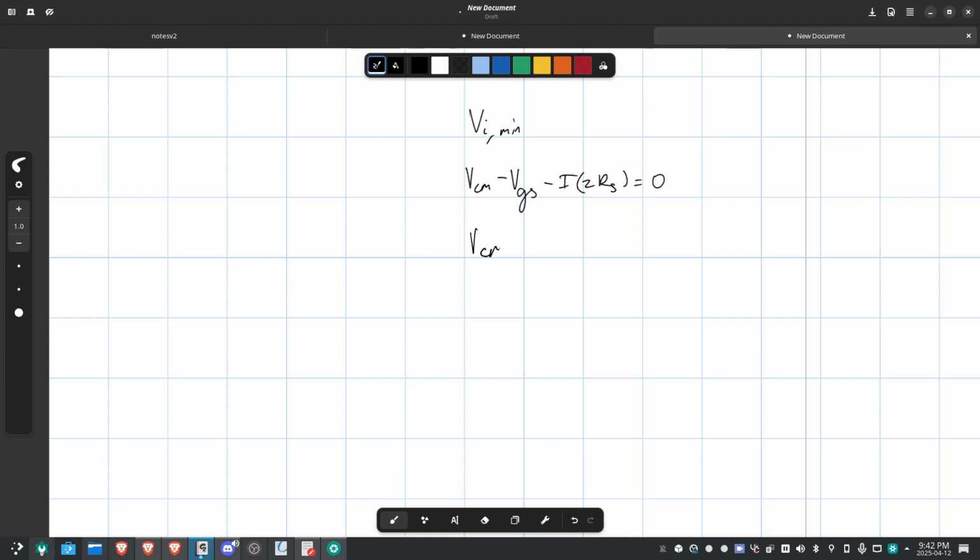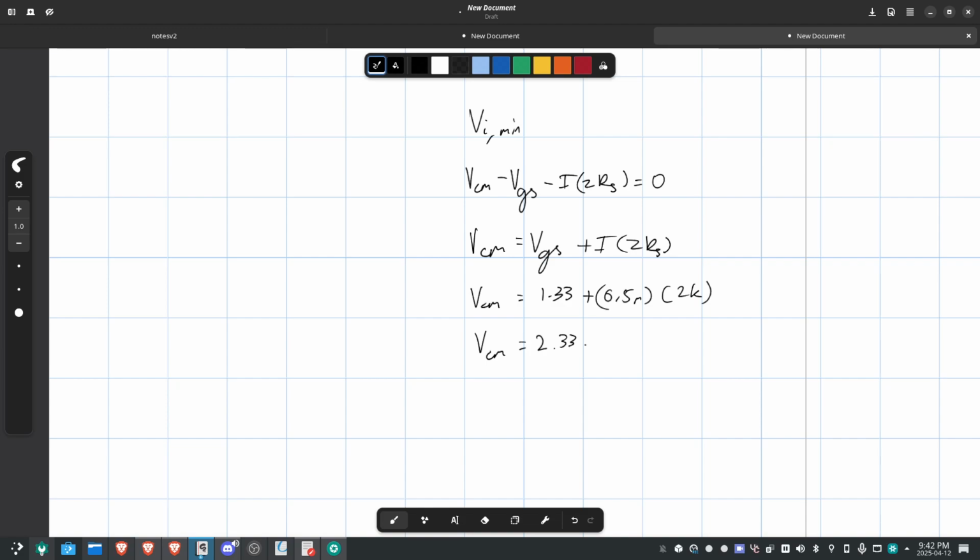So, we can move that over to the other side, and we'll get VCM is equal to VGS plus I to RS. So VCM is going to be 1.33 plus 0.5 milli times 2000. You do the math. 2.33.